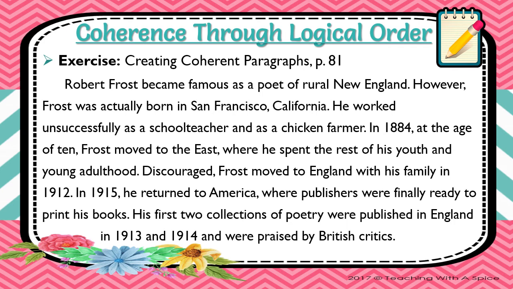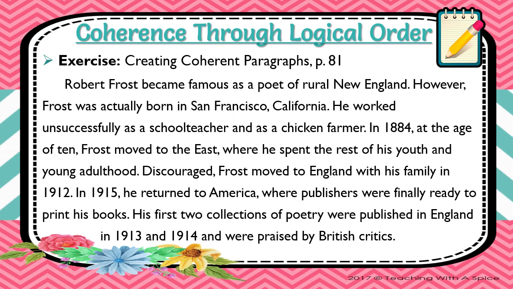So our order is a little mixed up. Our sentences are talking about things that happened before the last sentence and stuff like that. There are two sentences that if we switch their location will make our order a lot more logical.